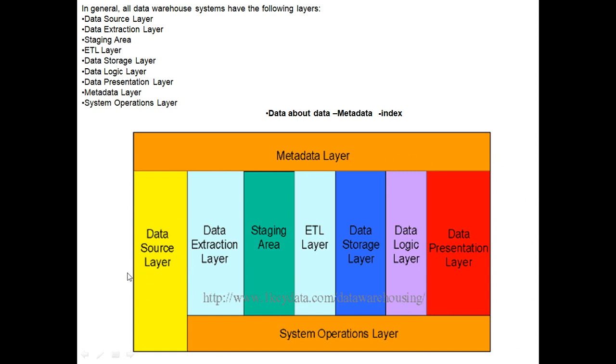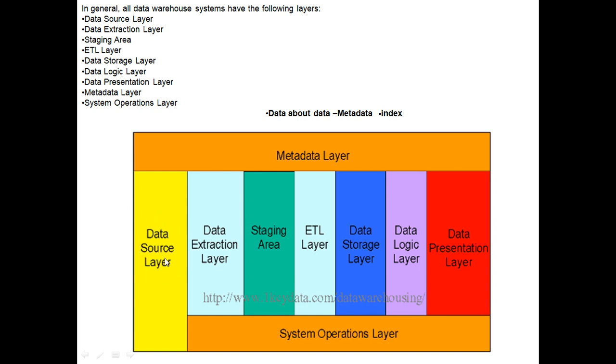Okay, so in the data source layer, basically you have the data sources available. And then you have the extraction layer, which extracts the data from the source layer and dumps it into the staging area. That is the purpose of the extraction layer.